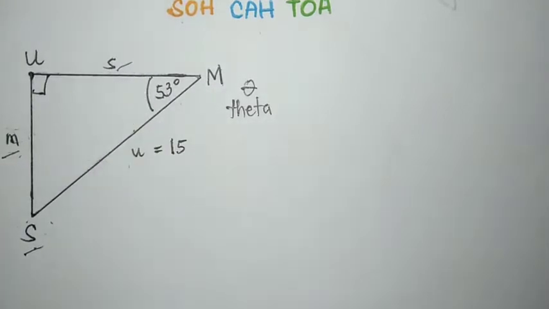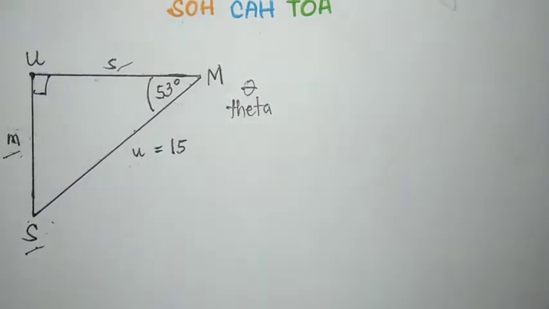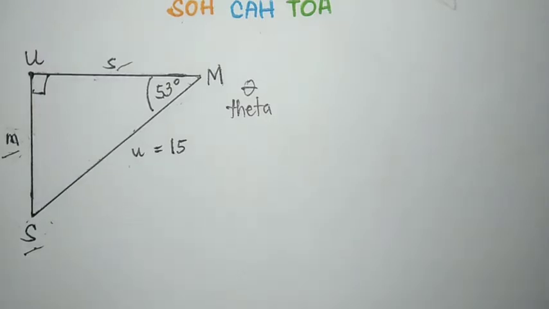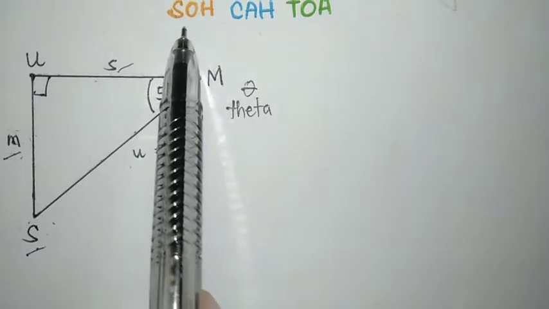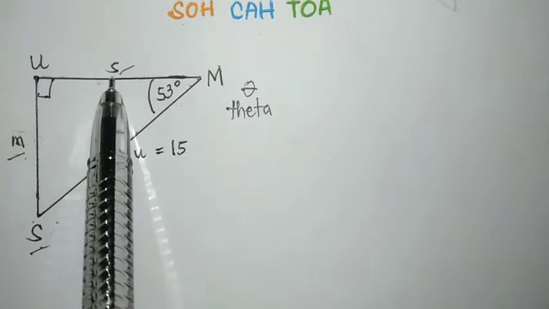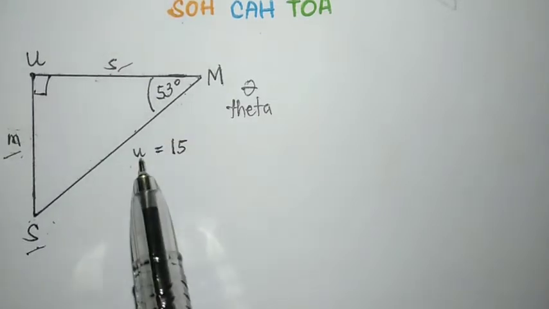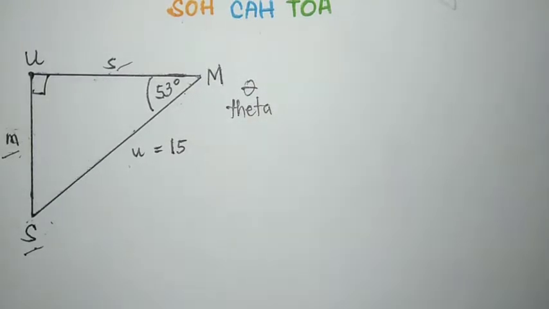Okay? Si S ay adjacent ni angle theta, tama? And then, U ay hypotenuse. Doon, malalaman mo kung anong formulang gagamitin natin. Ayan. Look at this. SOH CAH TOA. Si S ay adjacent, therefore that is A. And U is hypotenuse, and that is H. Hanapin mo sa SOH CAH TOA yung merong A at saka H, yung magkasama silang dalawa.